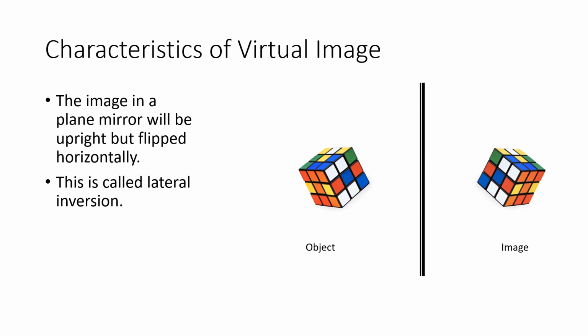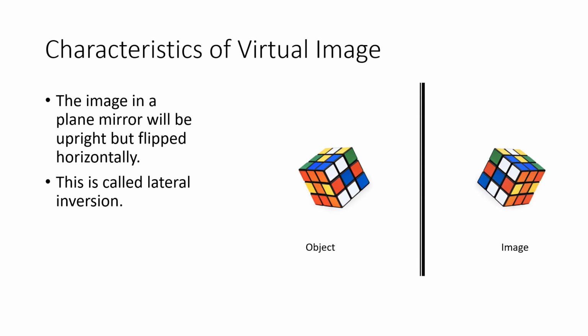Another interesting feature of an image compared to the object that's being reflected is that the image will have a flipped appearance. We all know that our reflected image is not the same as the image you see in a picture of ourselves, and that is because left and right are flipped when it comes to the image compared to the object.